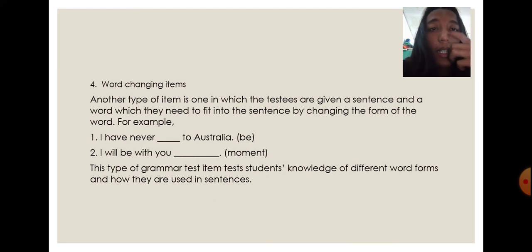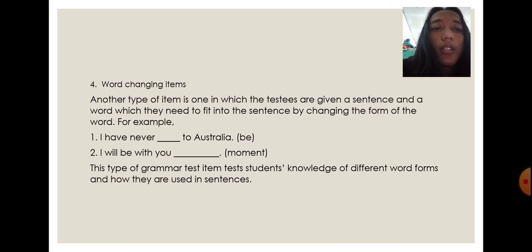Number four, word changing item. Another type of item is one in which the testees are given a sentence and a word which they need to fit into the sentence by changing the form of the word. For example, number one, I have never been to Australia.